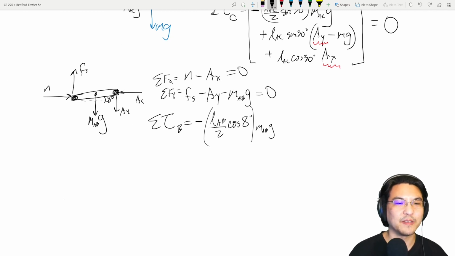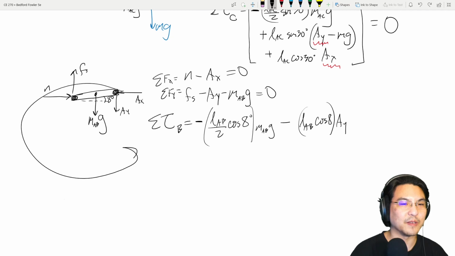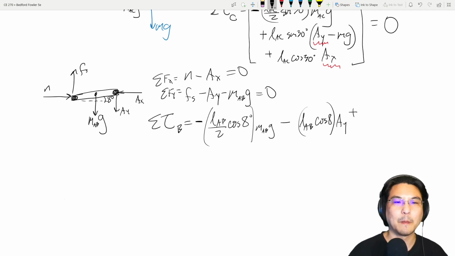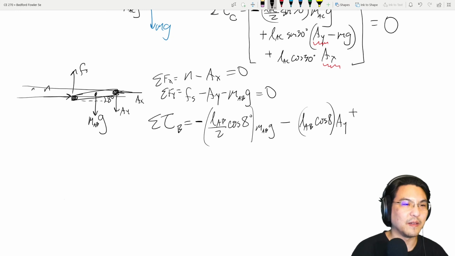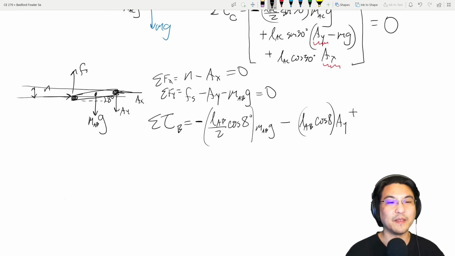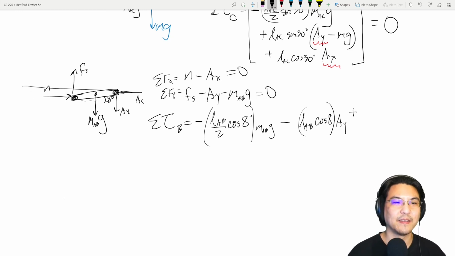The torque from this also in the negative direction, so minus, and then here to here, LAB cosine 8 times AY, and then the torque from this force would go this way, plus, and then here to here is LAB sine 8.